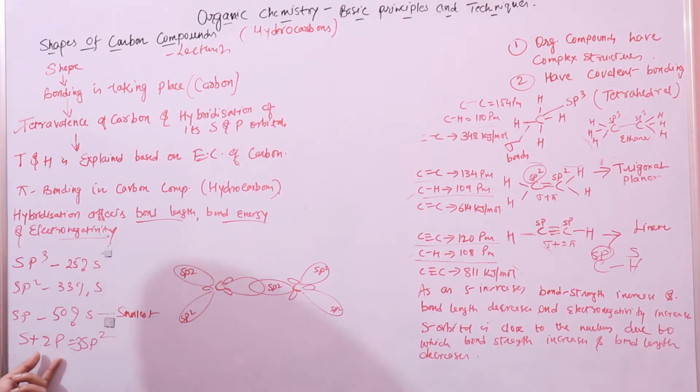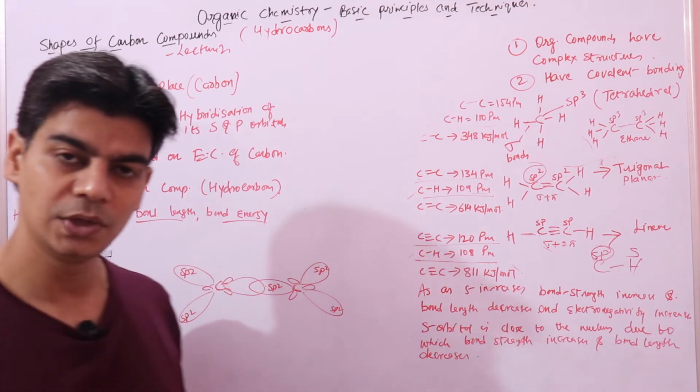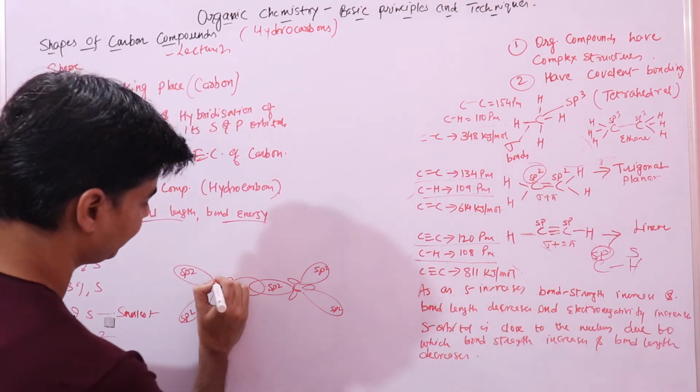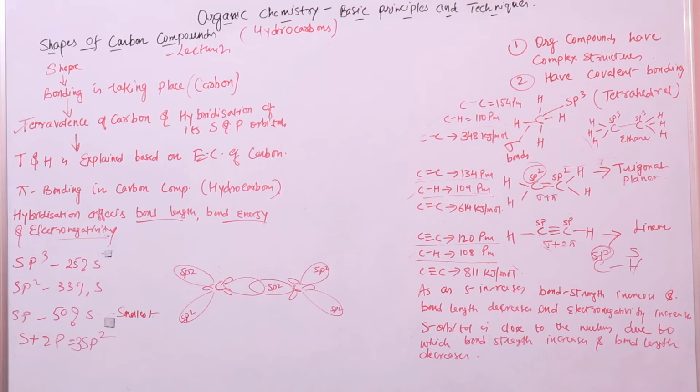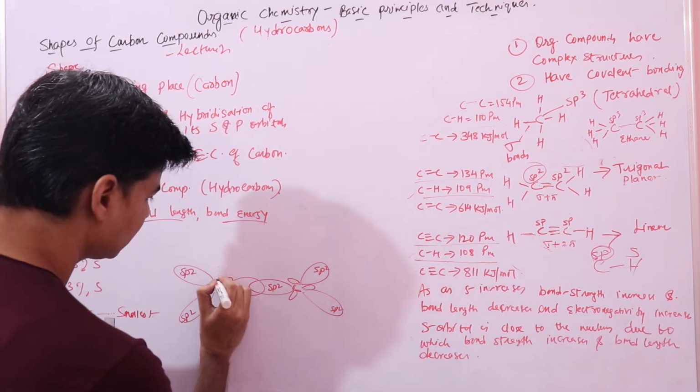Since carbon has 3 p orbitals, one is left which is not hybridized. We call it the unhybridized orbital, right? So let me just draw it with a different color. It would be like this.